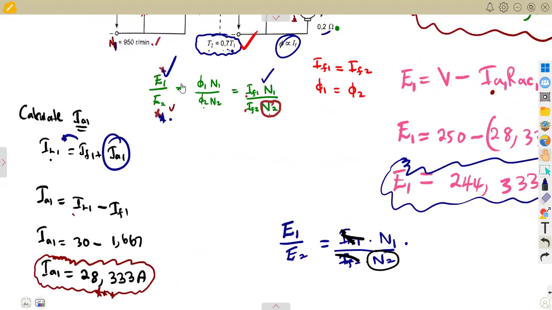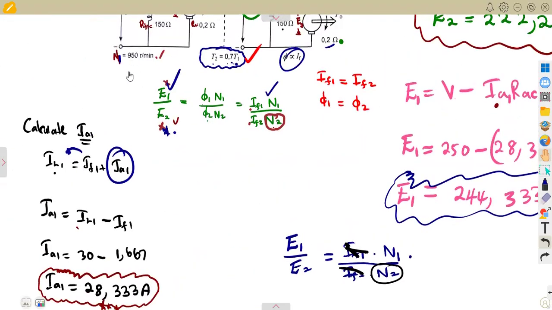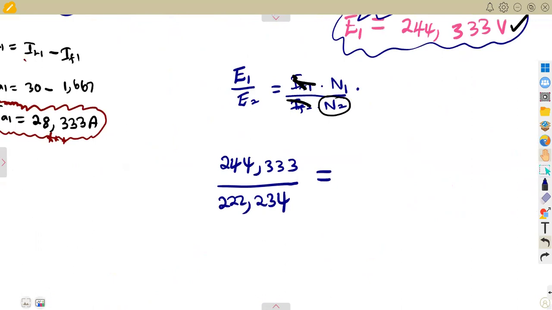Remember, we are given the speed initially, it was 950 revs per minute at full load, meaning to say at original condition, the speed was 950 over what? N2, which is the speed that you are being asked to calculate. Now you can calculate your speed.